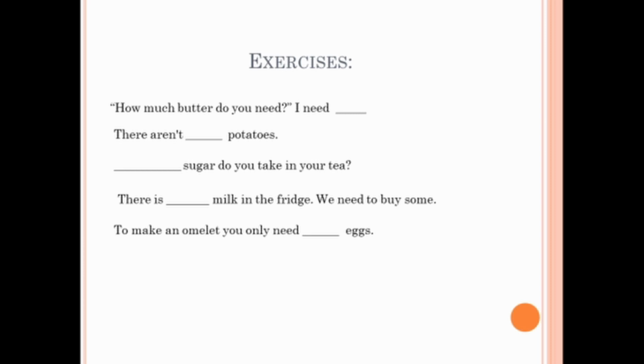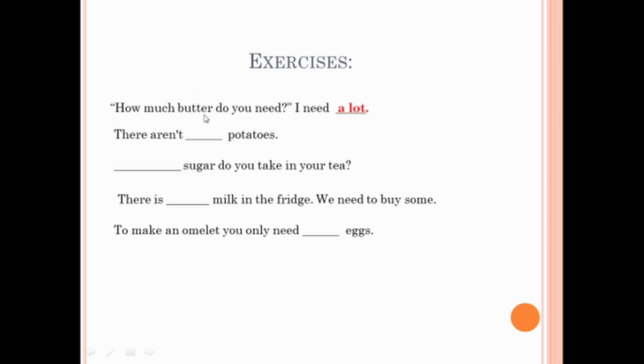Perfect. Now that you're done, let's take a look at the answers. Here, number 1, we have different answers, but I only put 1. For example, how much butter do you need? I need a lot. Also, remember butter is uncountable, so you can say I need a little or a lot. It depends on how much you need.